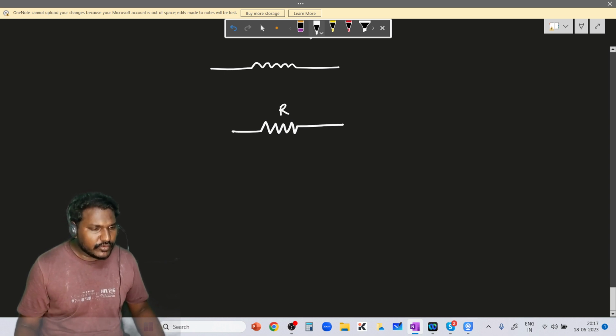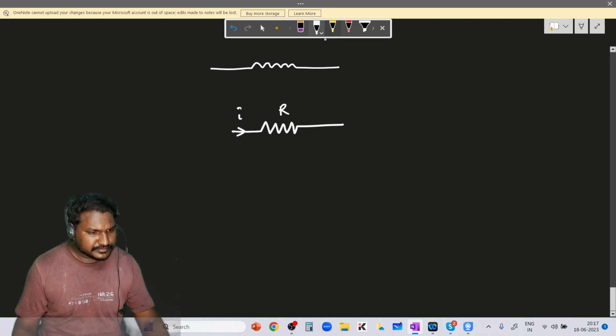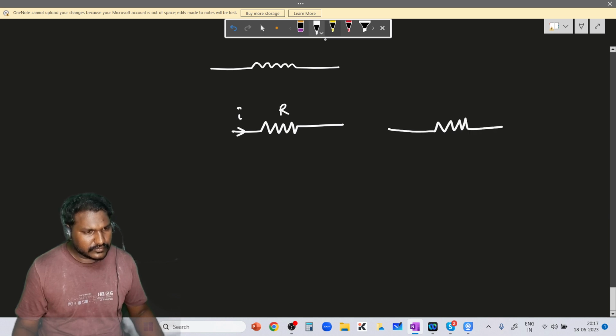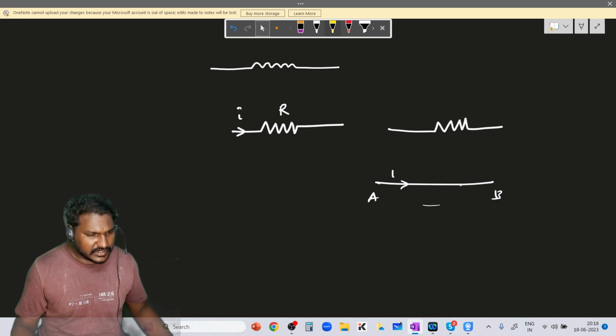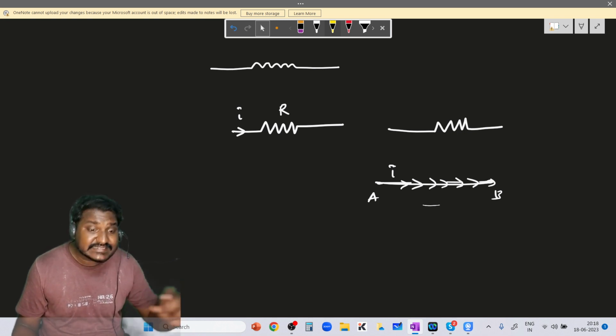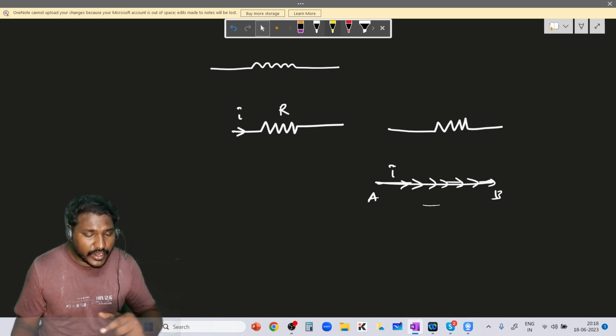Now, if any current is flowing, for example, there are 2 points, A and B. If there is no restriction, current will flow freely, the amount of electrons, the flow of charge will be the same from point A to point B. They'll flow in a very short time from point A to point B.